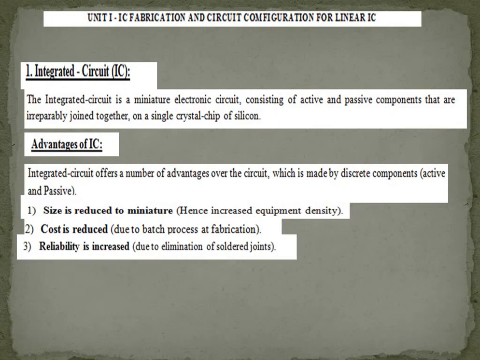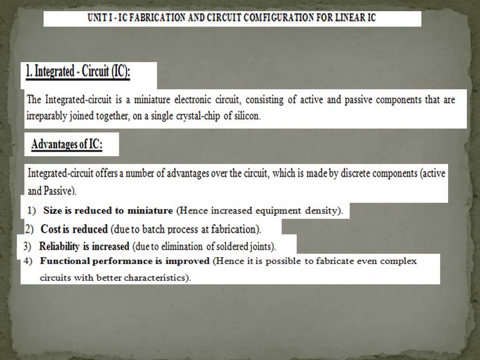And the third advantage is reliability is increased. For example, when you go for some design with discrete components, there will not be much reliability. Some components may malfunction, but in case of integrated circuits, all these components are fabricated on a single chip, so the reliability is increased and the functional performance is improved.